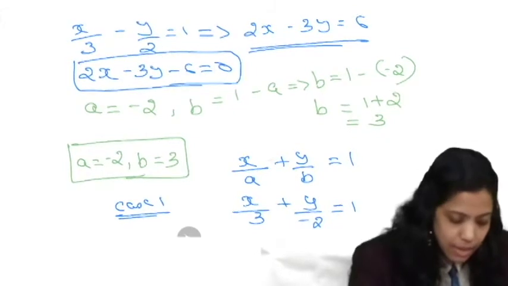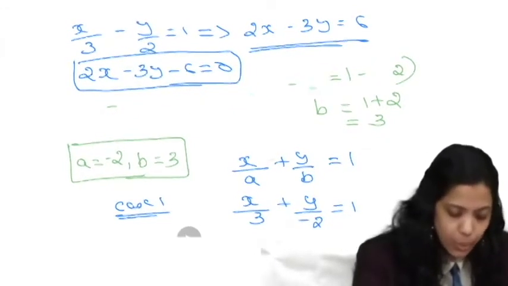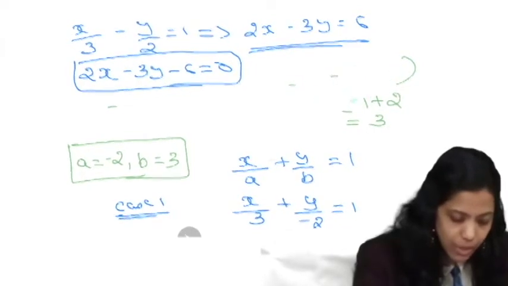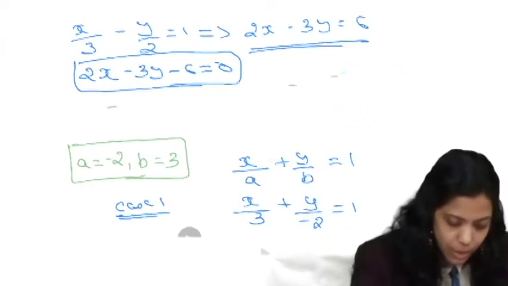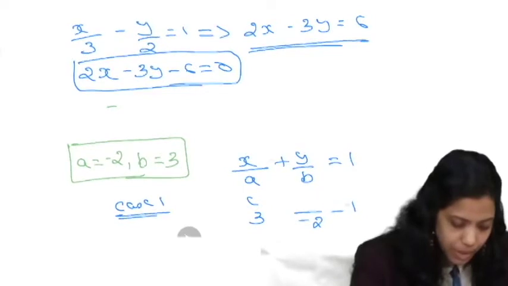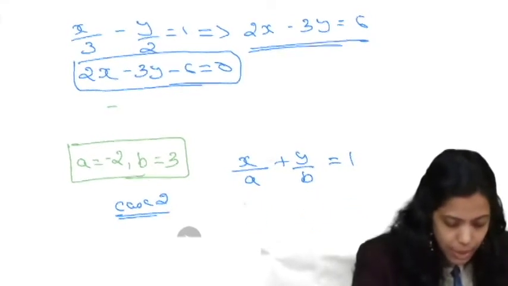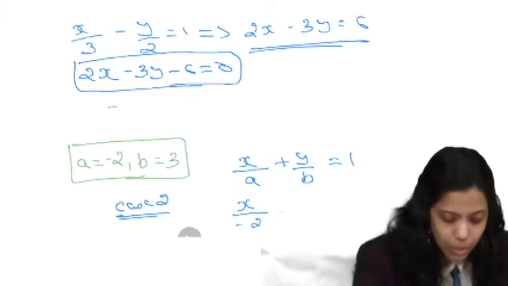Let's consider the second case over here. In the second case, the value of a is negative 2 and the value of b is 3. So let's substitute over here in the equation. That is case 2. x by negative 2 plus y by 3 equals 1.